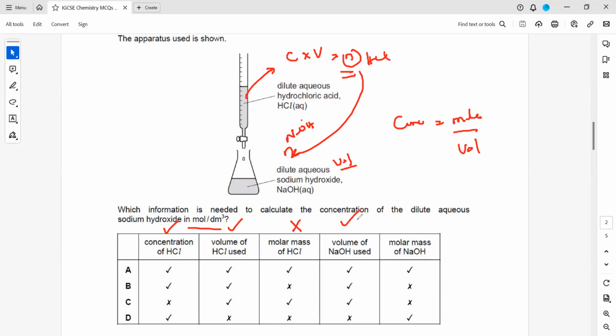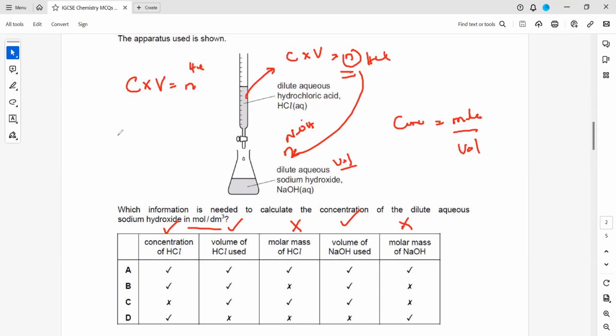So we need the volume of sodium hydroxide. And from the volume of sodium hydroxide, do we need the molar mass? We don't need a molar mass. Why don't we need a molar mass? Because we don't have the mass of this. So the idea is that we'll have the concentration of hydrochloric acid. We multiply it by the volume, we'll get the moles of HCl.